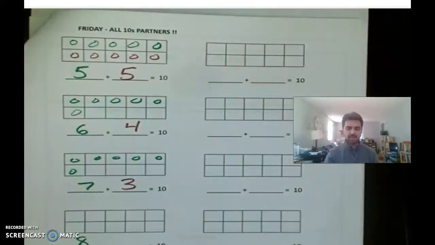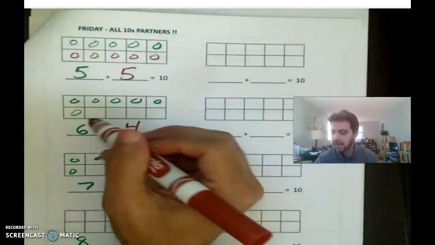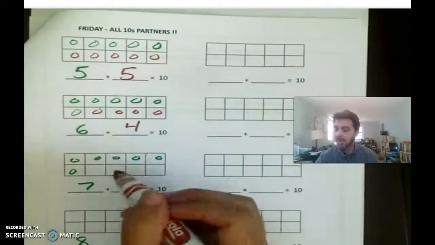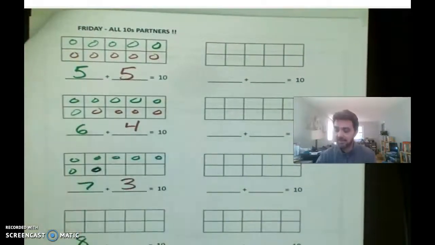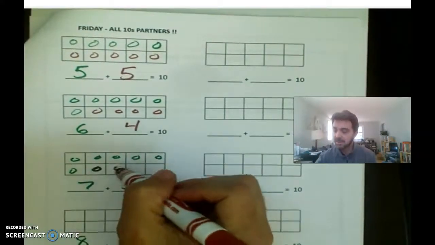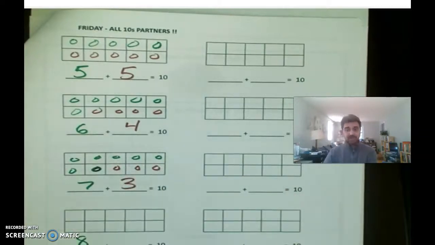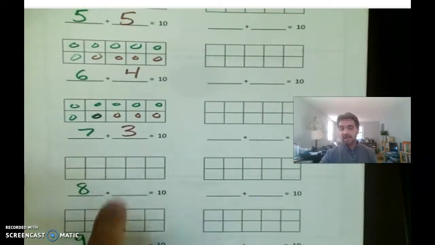If you have 2 different colors, it's ideal, but if you don't have it, it's okay. And then you add 4 more. And then you add, oh, that's not 7. That's 7 green plus 3 more, and that makes 10. So you can visually see it, right? Okay, so I want you to do the same thing for 8 and 9.